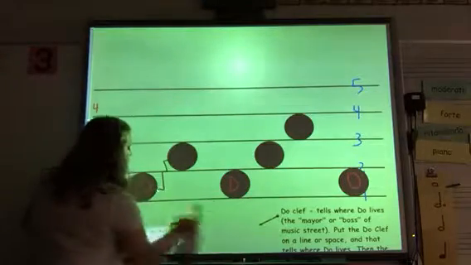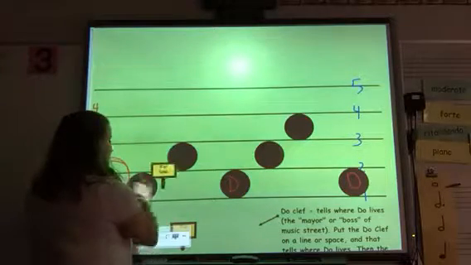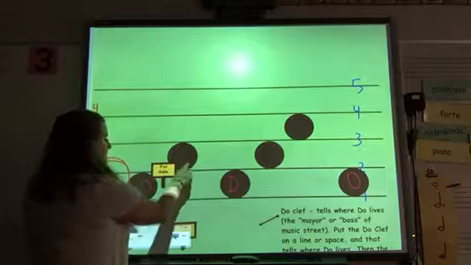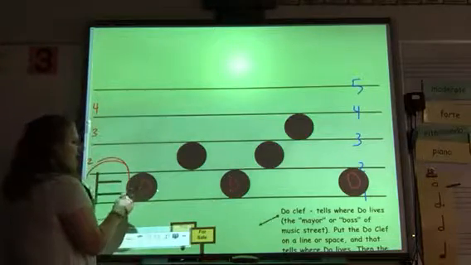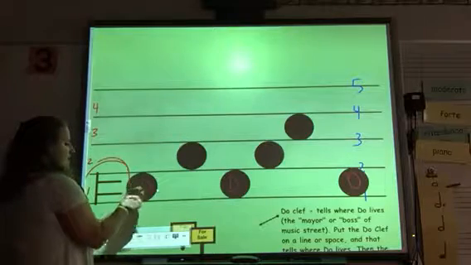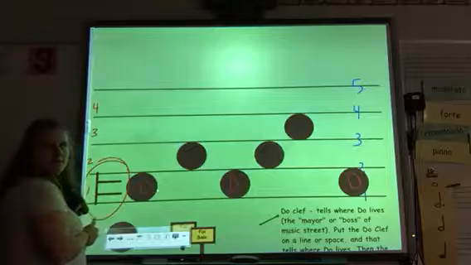So I know that my lines are like my for sale signs in between the spaces, my empty lots. I look at do, and I see that the next note is a skip above do.